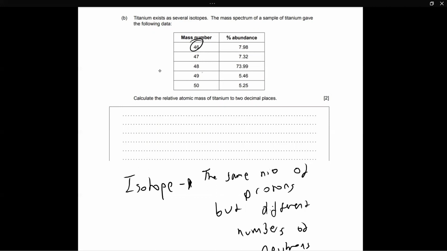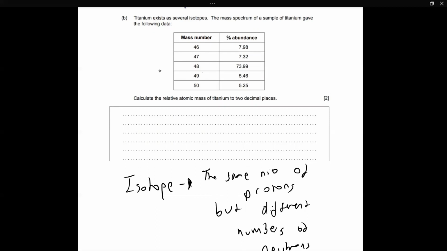How would you calculate a standardized value for titanium? You could think of it like the average. If you were to randomly select an atom of titanium, what would the most probable answer be for the mass of that atom?